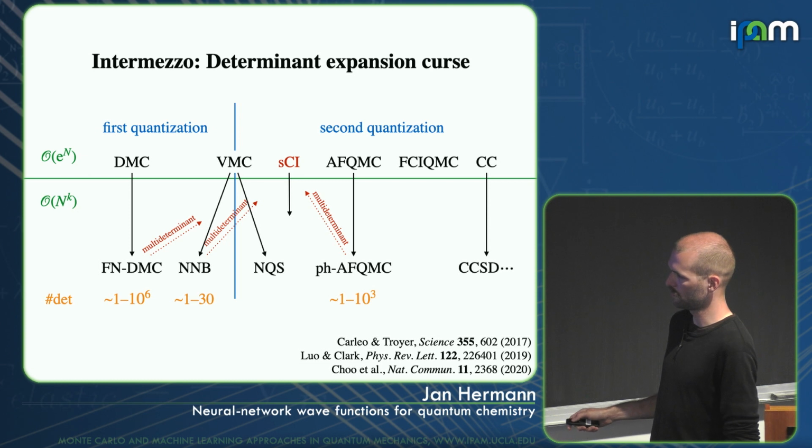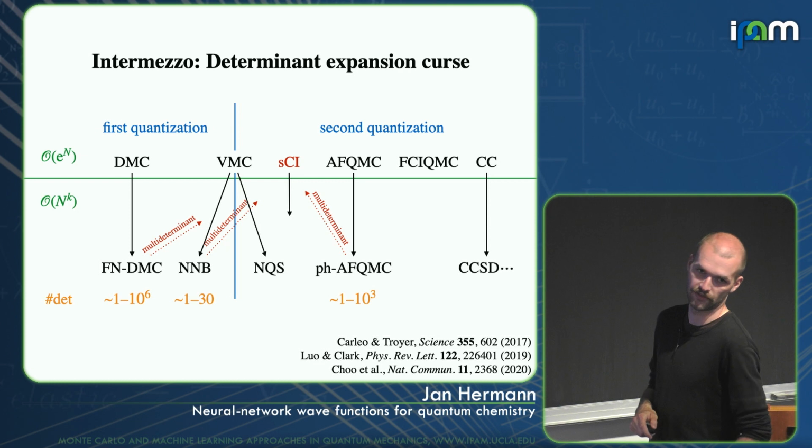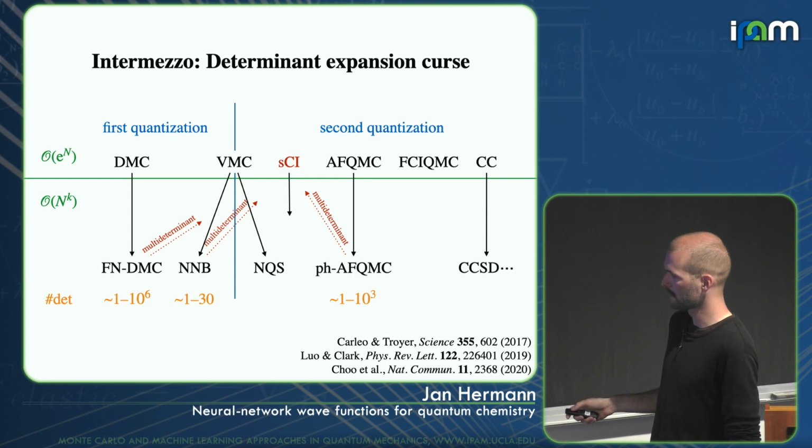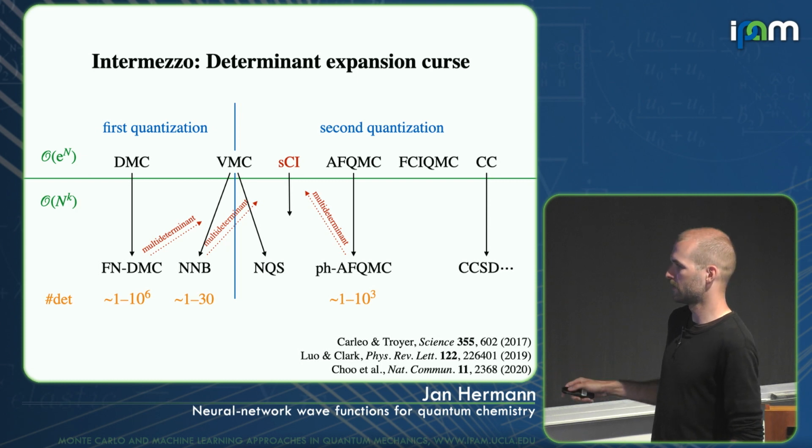In fixed node DMC, people have been able to use up to 1 million determinants now. In phaseless AFQMC, I think the convergence is typically faster. And so in this context, what I'll be talking about is an attempt at a method that has a very small number of determinants.